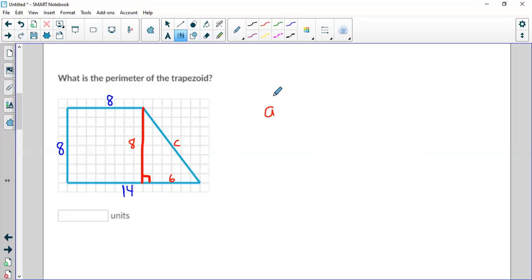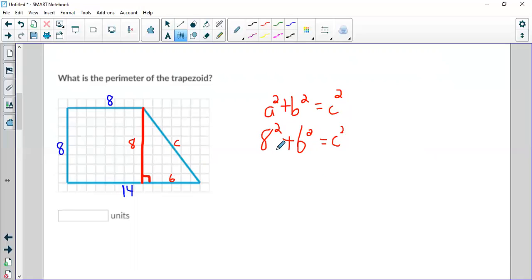So if I use that Pythagorean theorem, a squared plus b squared is equal to c squared. The Pythagorean theorem says that 8 and 6 are both legs, and c is the hypotenuse. So 8 squared plus 6 squared is equal to the unknown c squared.